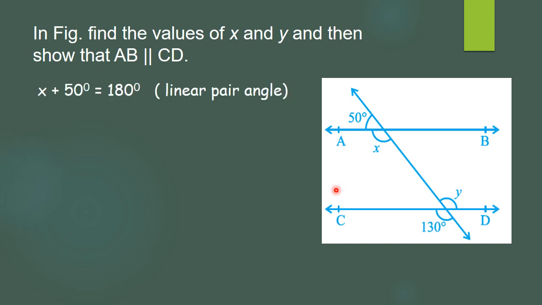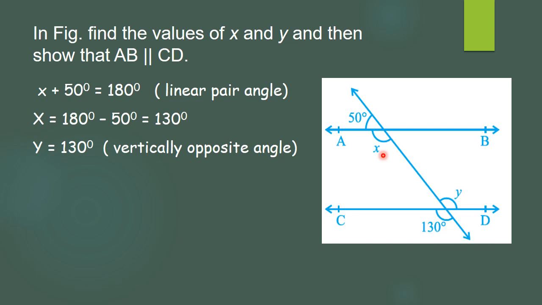So first we will say that x plus 50 is equal to 180 because it is a linear pair. So what is the value of x we will get? x will be 180 minus 50, that is equal to 130 degrees. y is equal to 130 because they are vertically opposite angles.